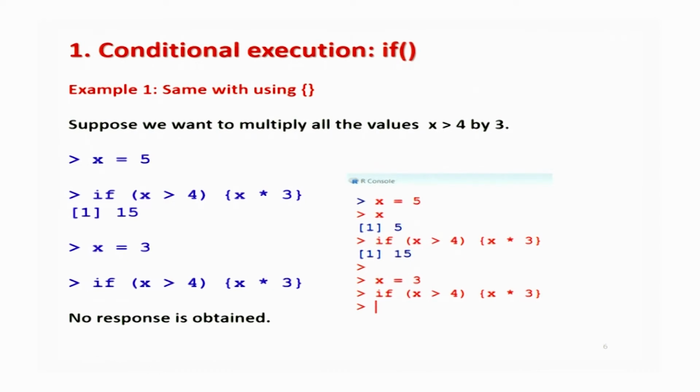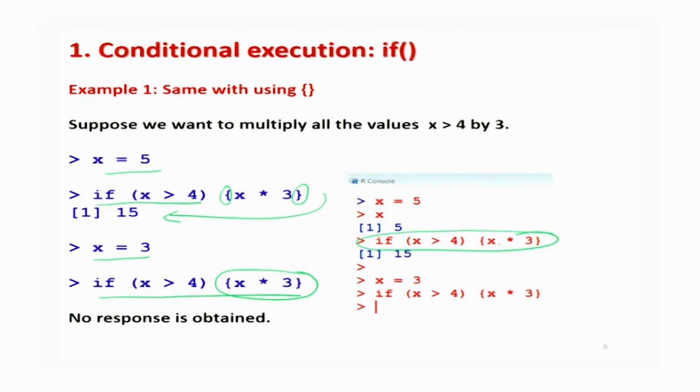You can see that this is the same program. I take x equal to 5, the same condition if x is greater than 4, but now I use these curly brackets, and this gives you the same outcome. Similarly, if you take x equal to 3 with the same condition and curly brackets, it gives you no response.